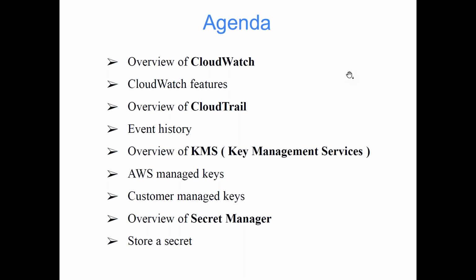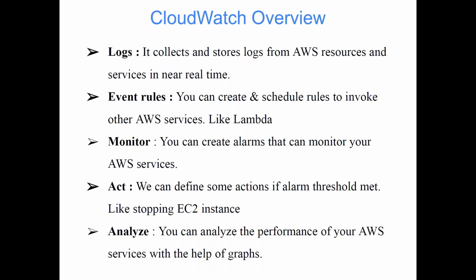The agenda is overview of CloudWatch, CloudWatch features, overview of CloudTrail, event history, overview of KMS, Key Management Service, AWS managed keys and customer managed keys, overview of Secret Manager, and how to store a secret. So this is the agenda, and we will be starting with CloudWatch.